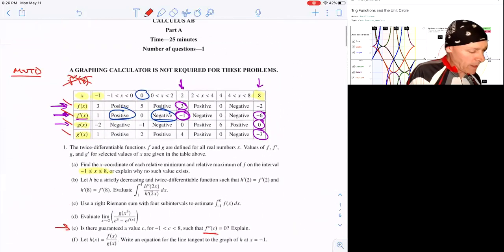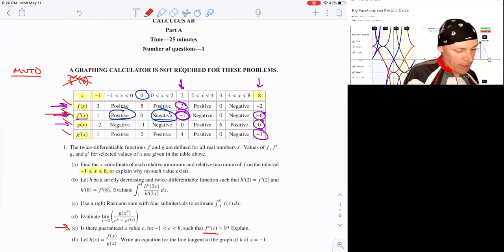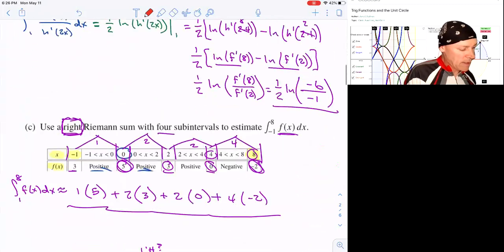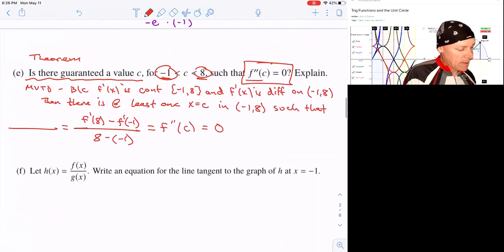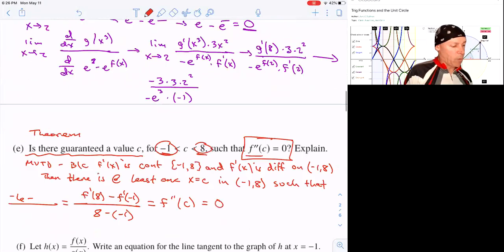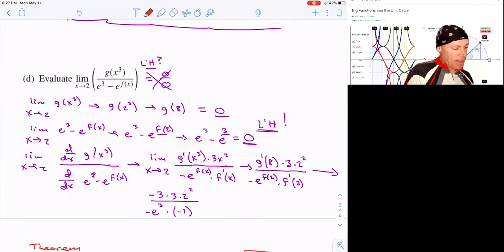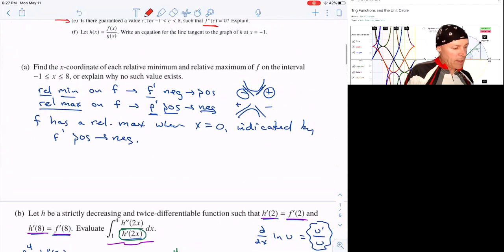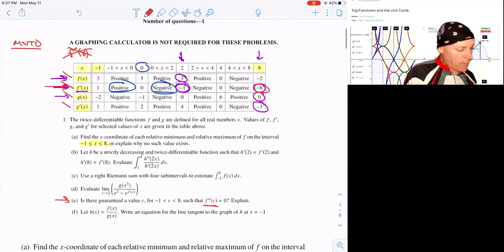Back to my table, f prime at 8 is -6, minus f prime at -1. I am pretty sure that's going to be 3. F prime, same line. F prime at -1 is 1.